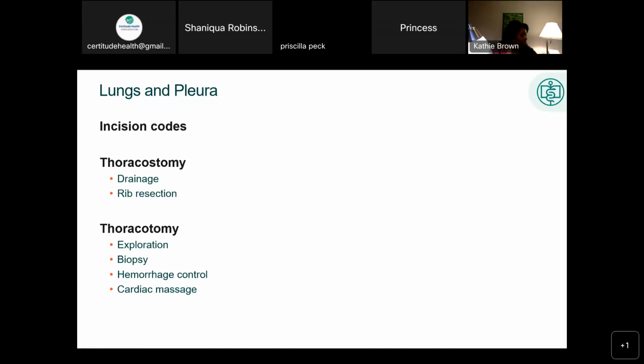Sometimes they have to cut ribs, remove things, break ribs to get to what they're trying to get to, if they need to take a bullet out, or biopsy or control bleeding, or if they need to get to the heart and massage it, they're going to crack that chest because they gotta put their hands on the heart to massage it. This is where it gets cool for me.